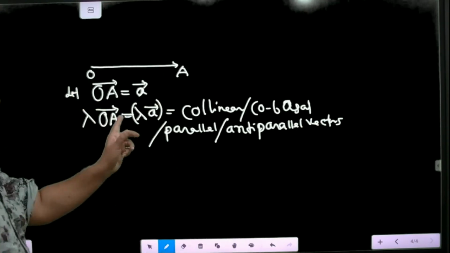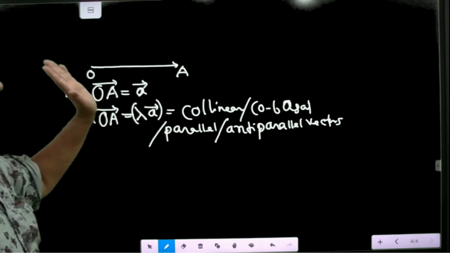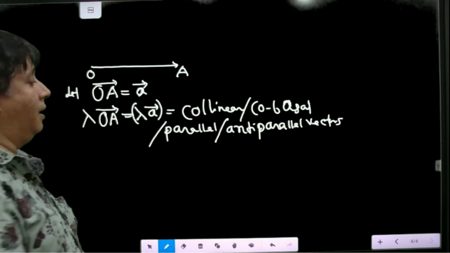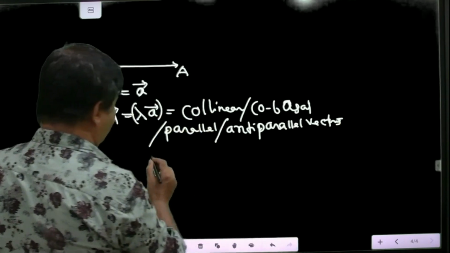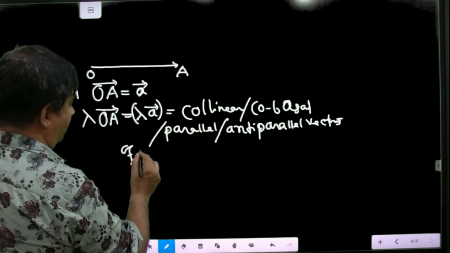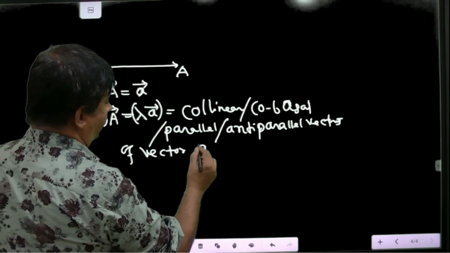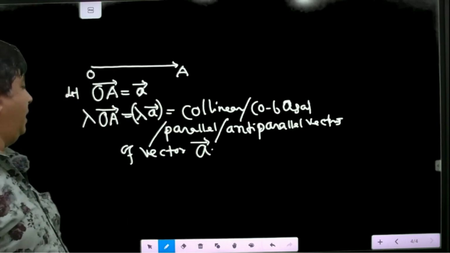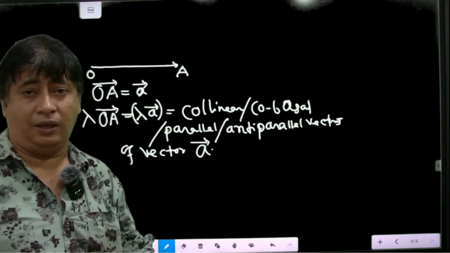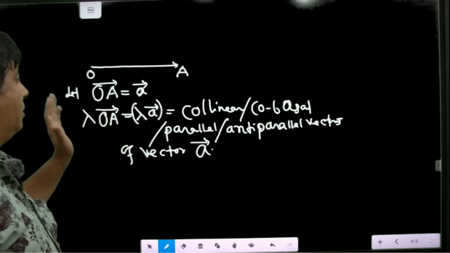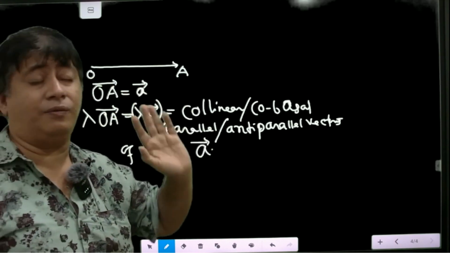Okay, lambda A is a collinear, co-basal, parallel or anti-parallel vector of vector A. This is called collinearity, the condition of collinearity.